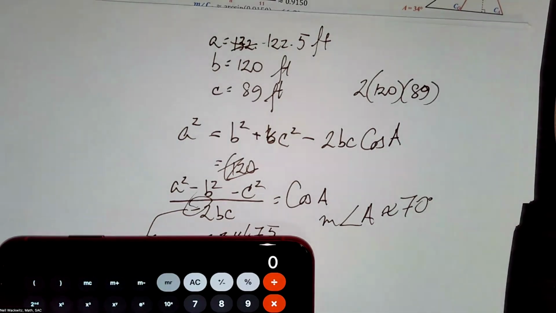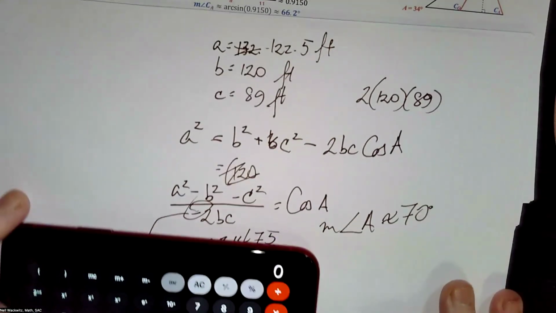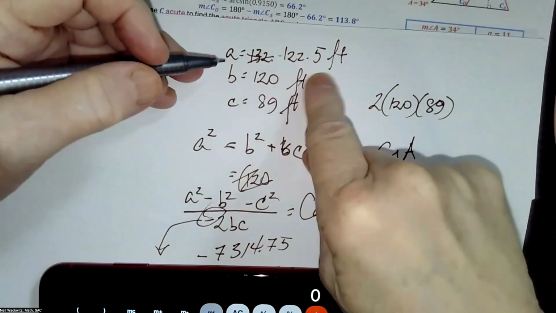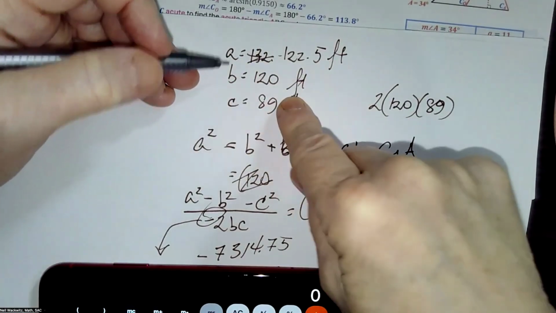Now that we've got one angle and all three sides, we can use the law of sines to find the next angle, or we can use the law of cosines to find the next angle. It's just whatever y'all want to do. Let's try law of cosines. Okay, groovy. So let's go in reverse order. We did the longest side. Let's do the middle side.